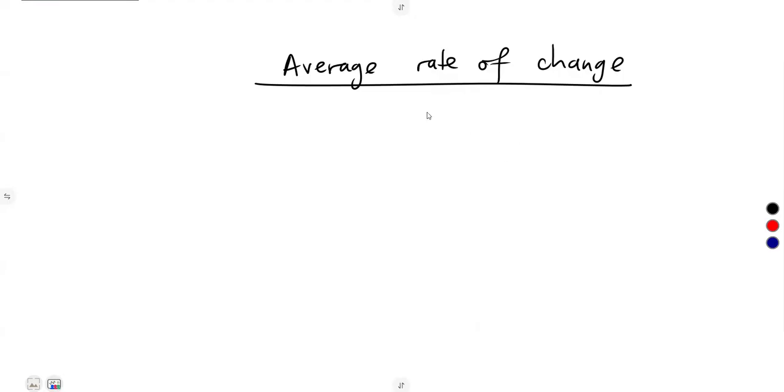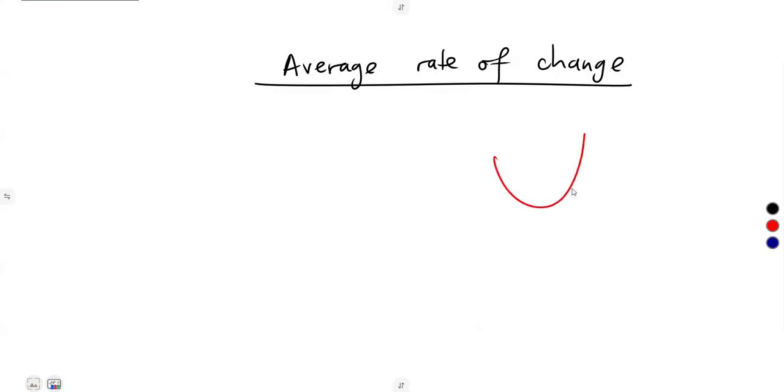All right. So when you refer to the rate of change, it is simply a condition that is the same as the average gradient. The rate of change or the average rate of change between 2 points on a graph is the average gradient. It is the same.